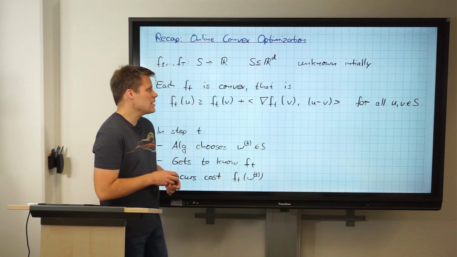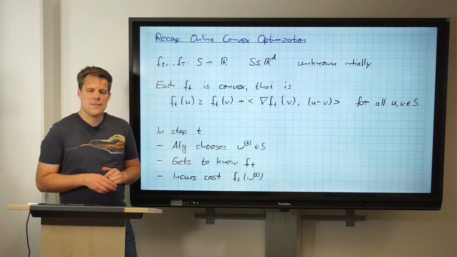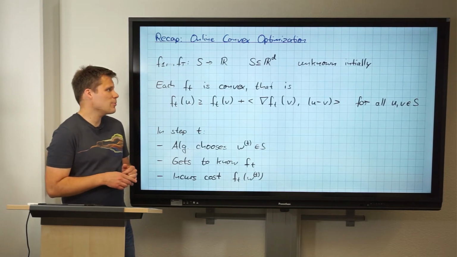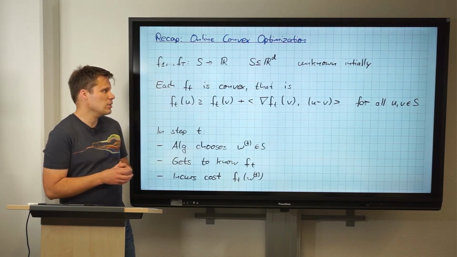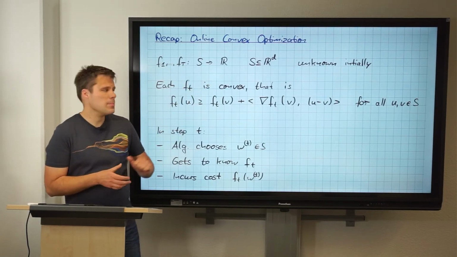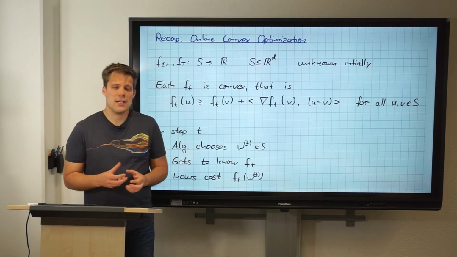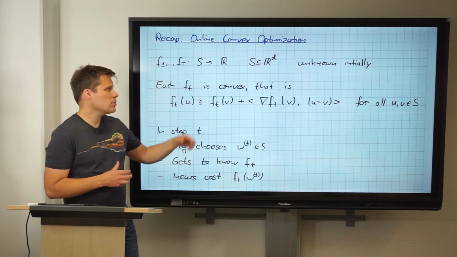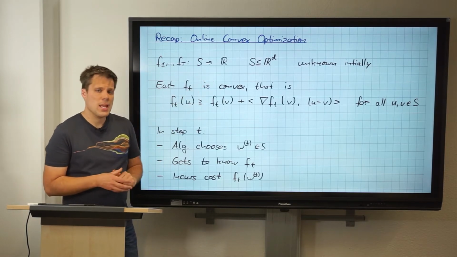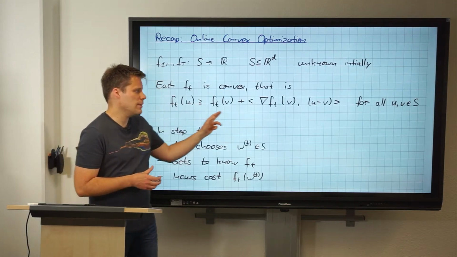So what was the general setting? The general setting was as follows. We have these capital T functions f1 through fT, which are unknown to us initially. Each of them maps from a set S, which is a convex set of d-dimensional real vectors, to the real numbers, and each of these functions is convex, which we define this way.